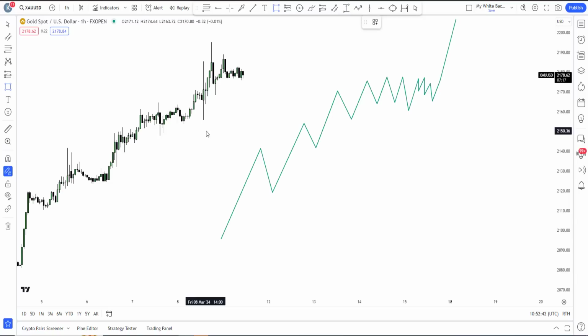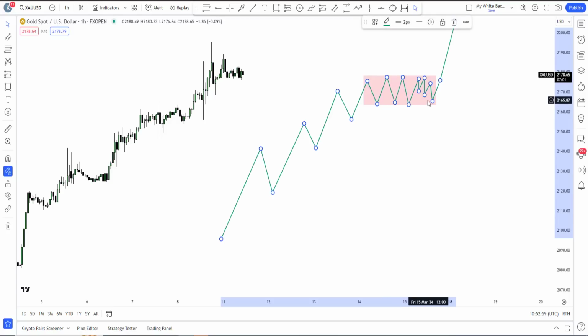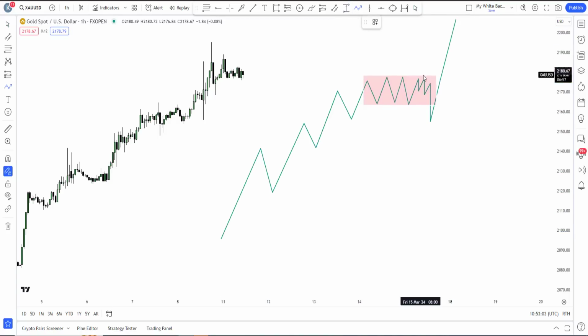Every time a trend wants to end or wants to take a rest before going up, it will range. So this range will determine where price is going. If the range finally breaks lower, like boom, then we expect price to go bearish.